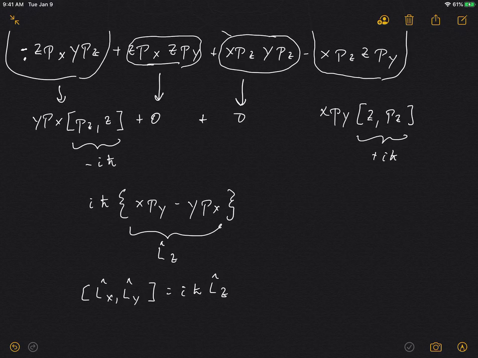And so you might be asked on a homework to try some other pair of this triple, maybe commuting Lx with Lz, or Lz with Lx, or Ly with Lz, and you should be able to work through and see you get some kind of similar relationship, maybe with a different sign.